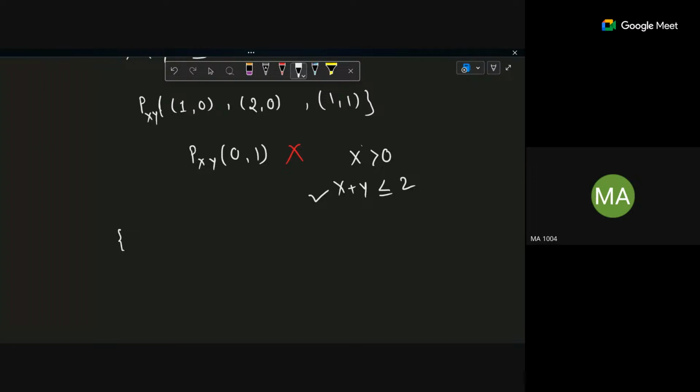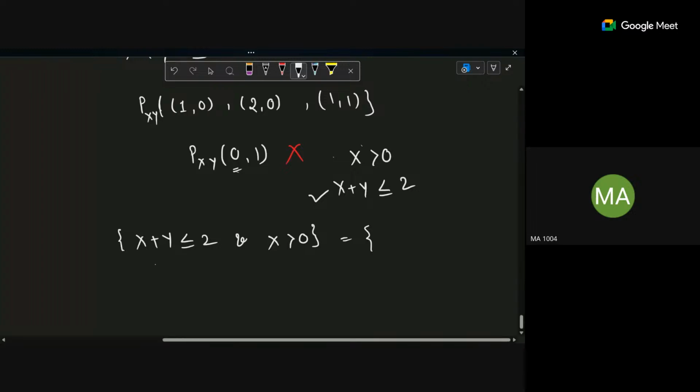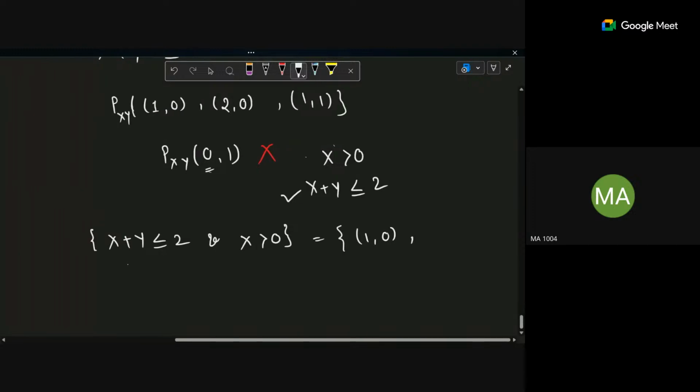The set which satisfies both conditions is these three only. That means x, y taking 1 0, here x is greater than 0 and sum is 1, right? Okay, got it.